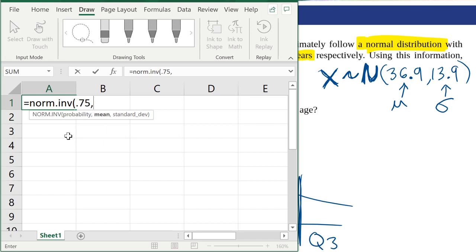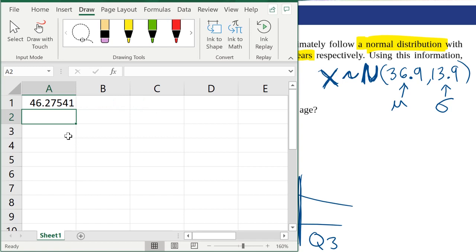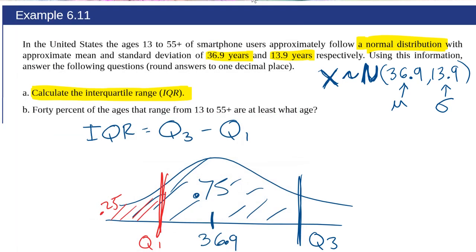The mean of this distribution is 36.9. The standard deviation is 13.9. Close parentheses and press enter. 46.275. So I'll write 46.3, rounding to one decimal place. So the third quartile is 46.3.